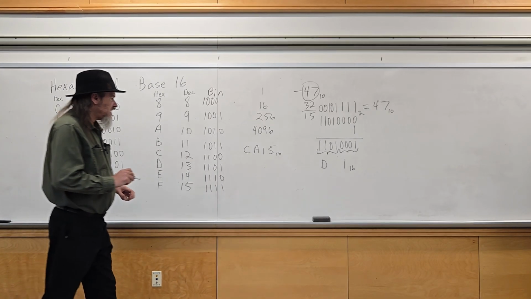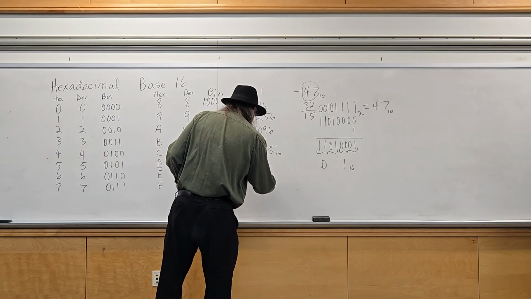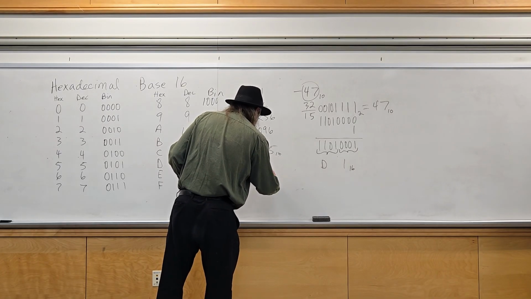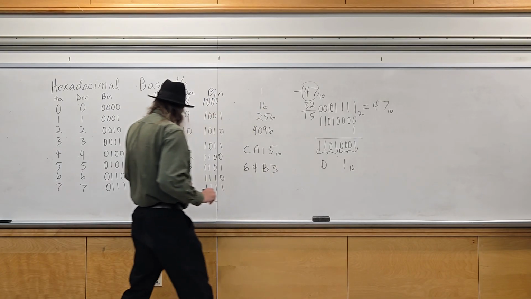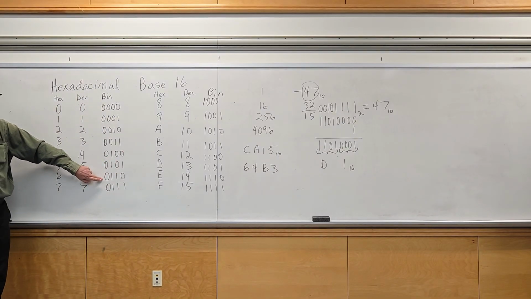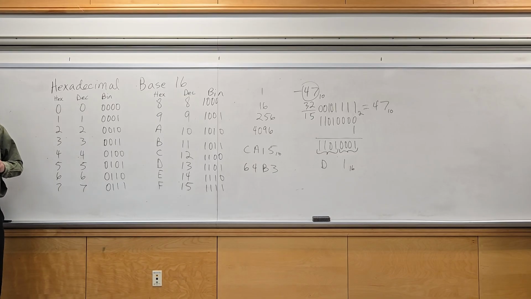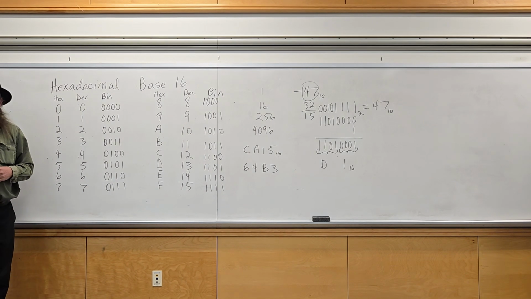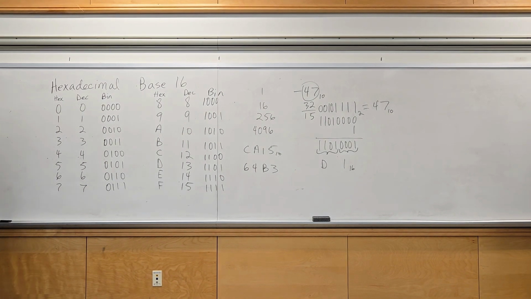Whereas 64B3 has a leading 0, so it would not be a negative number. Just a quick trick to see if you got the right result.